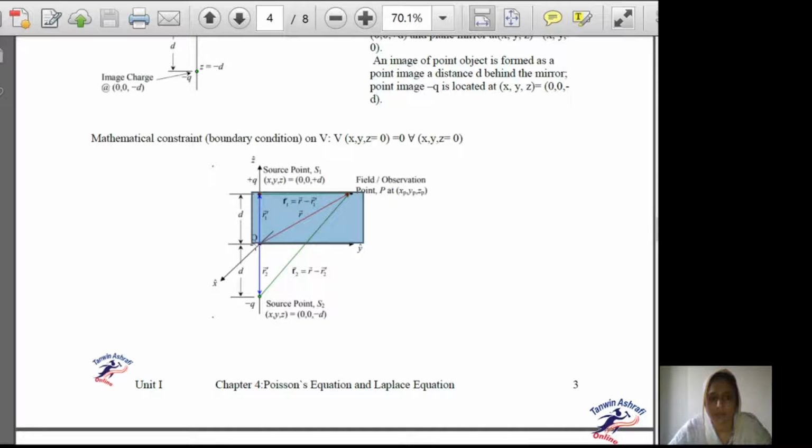In a similar manner, the r2 vector is r2 equal to r vector minus r prime vector.